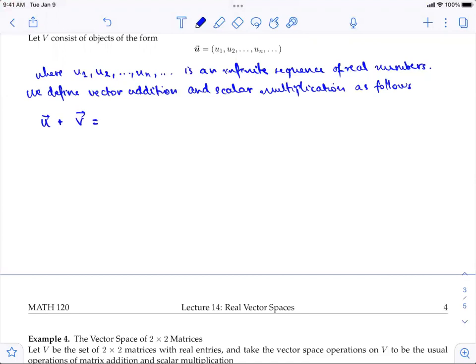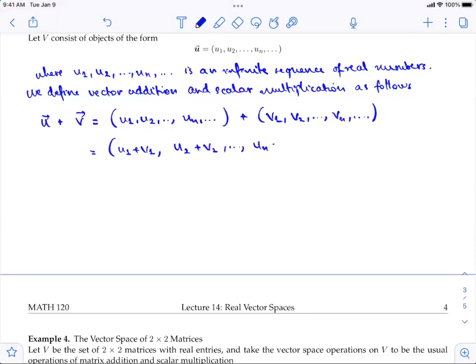So u = (u1, u2, ..., un, ...) added with v = (v1, v2, ..., vn, ...), then you obtain (u1 + v1, u2 + v2, ..., un + vn, ...), and then continue with the calculations. For scalar multiplication, k times u is k times (u1, u2, ..., un, ...), which is equal to (ku1, ku2, ..., kun, ...), and so on and so forth.